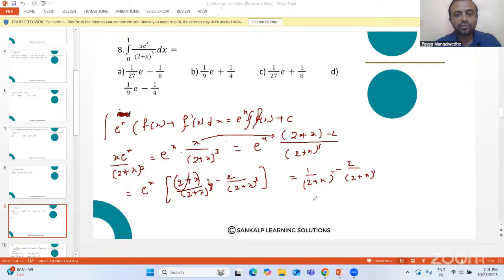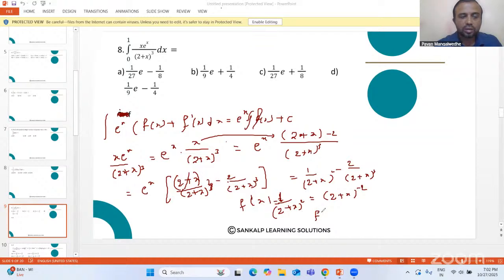And now we can find f of x and f dash of x. So f of x, already we know that it is 1 upon (2 plus x) the whole square, which can be written in the exponential form as (2 plus x) to the power minus 2.